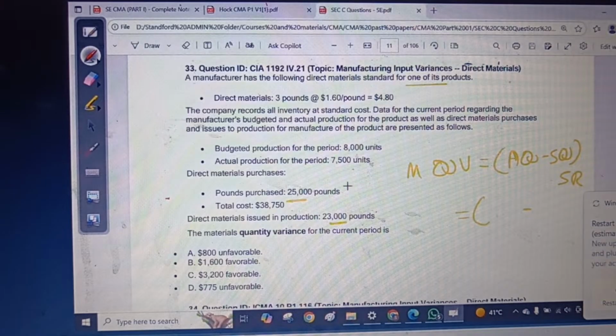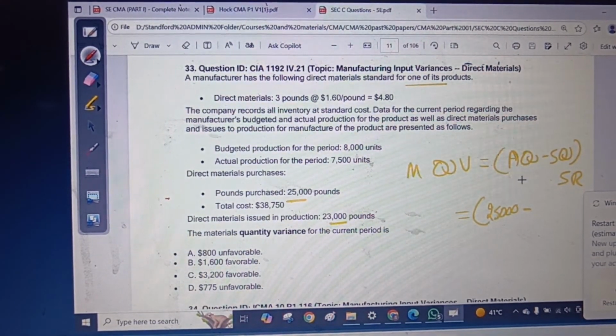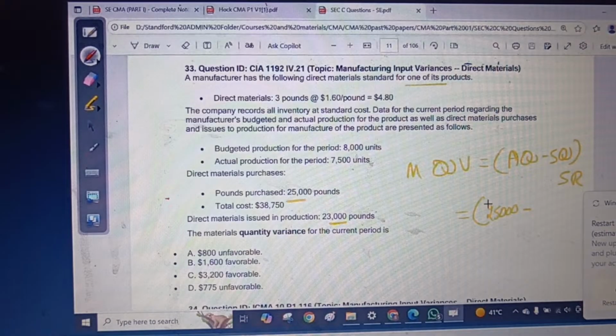Purchase is 25,000 units. So this 25,000 is representing the actual quantity. And standard quantity is representing the standard quantity of inputs allowed for actual output.